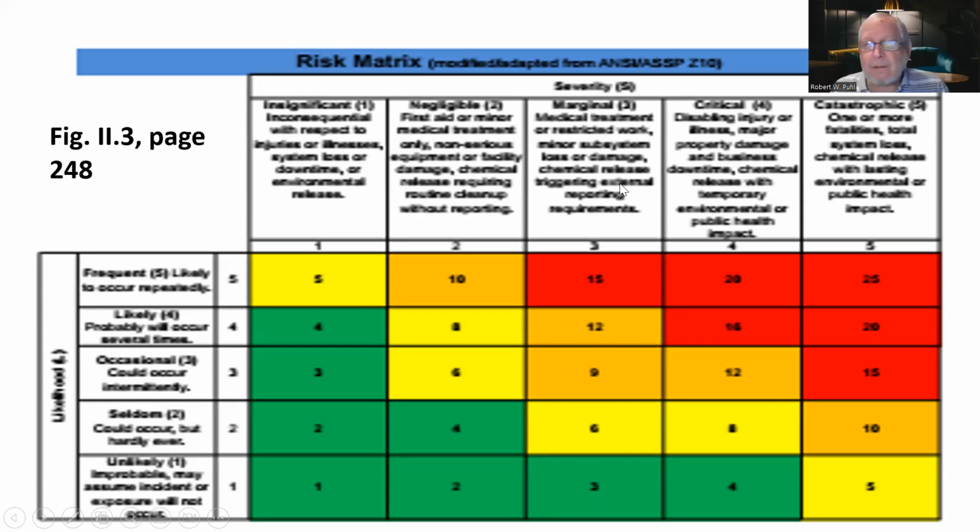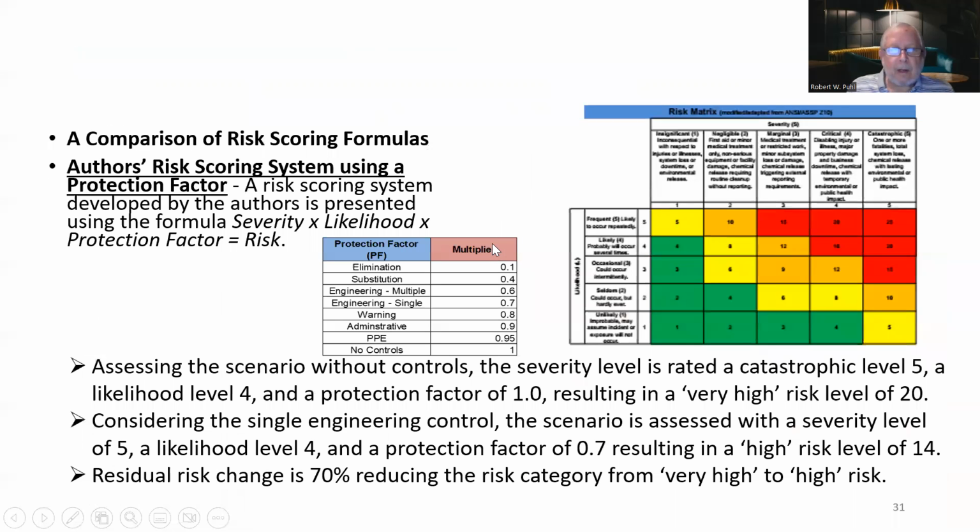It's kind of like my favorite 5x5 that has this on the side and has 3 columns where you can look at either one of these, the severity issues. So it's pretty close to the basic 5x5. It just has a little more verbiage in it, which is okay, but I kind of like to keep it simple. So there's comparison risk scoring formulas.